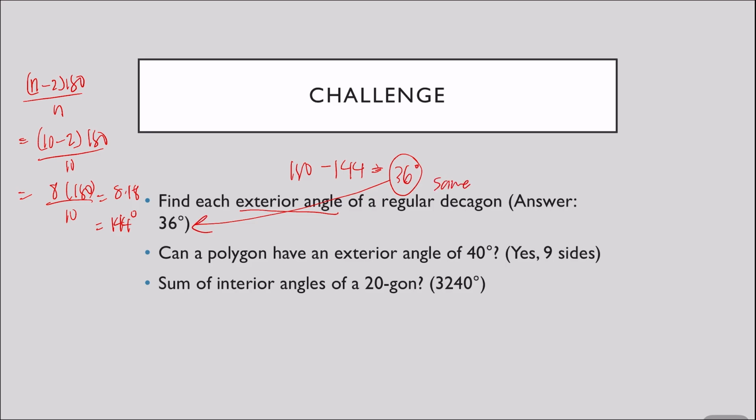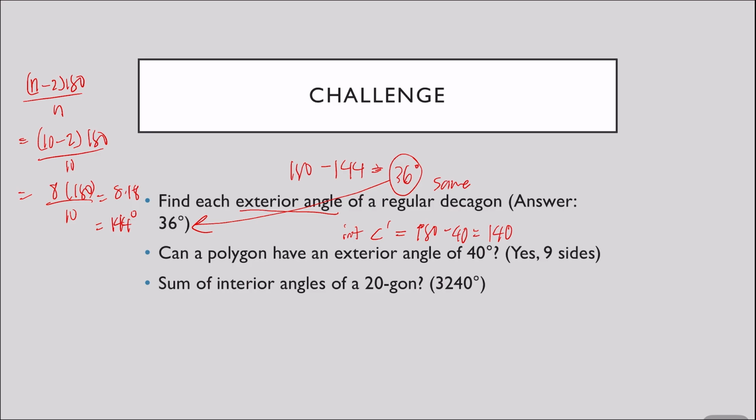Okay, next, can a polygon have an exterior angle of 40? Let's check. If your exterior angle is 40, we can use the same formula and solve for n. Sige, try muna natin yon. 40, ano ang magiging interior angle? Ang interior angle ay 180 minus 40, it's 140.